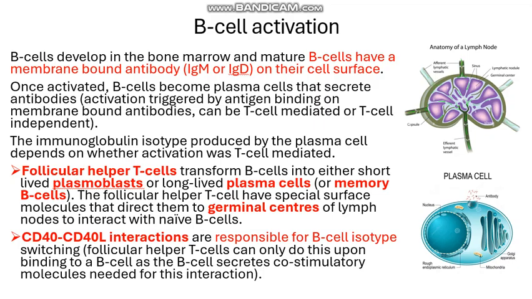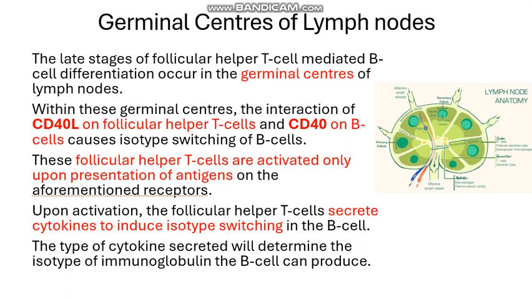So only when the T cell receptor presenting the antigen binds to the immunoglobulins on the B cell can the B cell differentiate into isotypes, because isotype switching is also dependent on co-stimulatory molecules produced by the B cell itself, which are triggered by this antigen presentation on the T cell receptor.